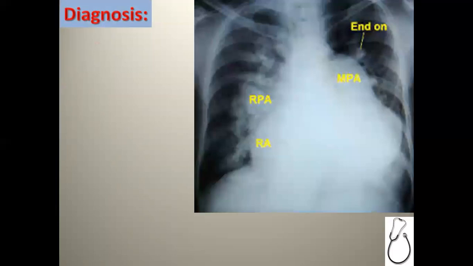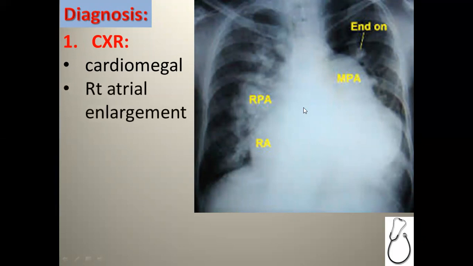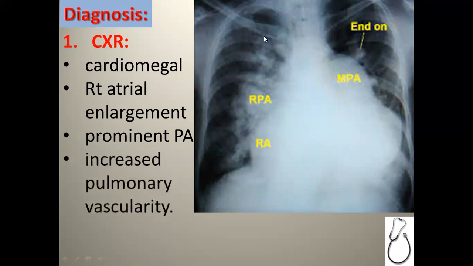Diagnosis by chest X-ray: in the chest X-ray there is cardiomegaly, right atrial enlargement, a prominent main pulmonary artery and right pulmonary artery, and increased pulmonary vascularity.